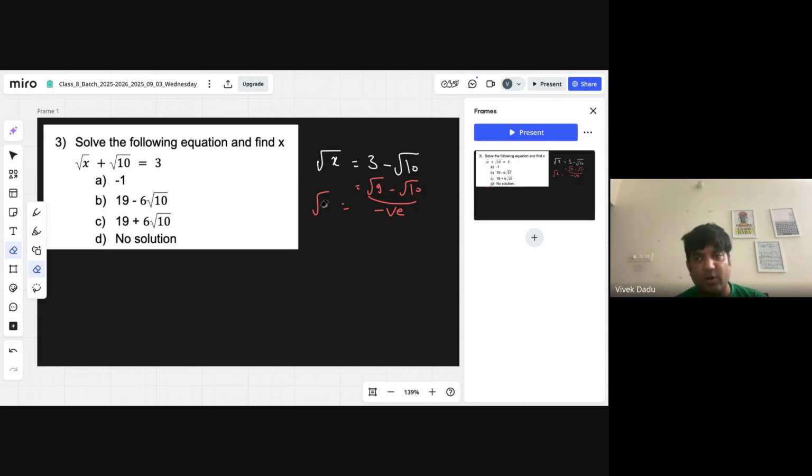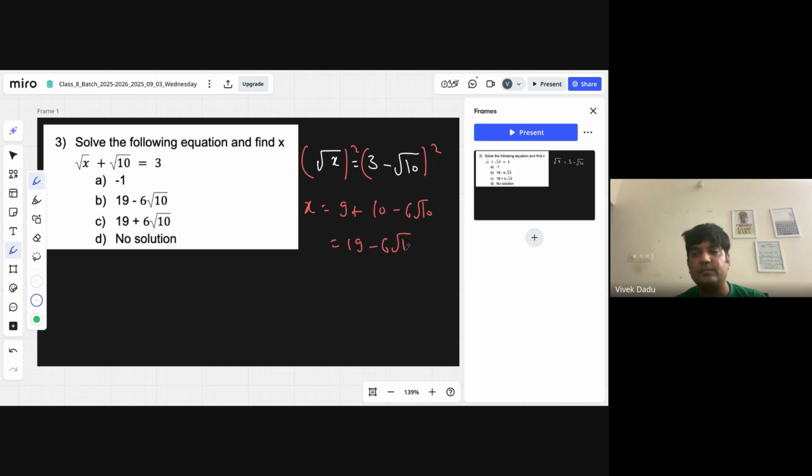Let's say you didn't spot that. Then the second check. Square both sides. x equal to 9 plus 10 minus 6 root 10, which is 19 minus 6 root 10. This is square root of 361. Okay.